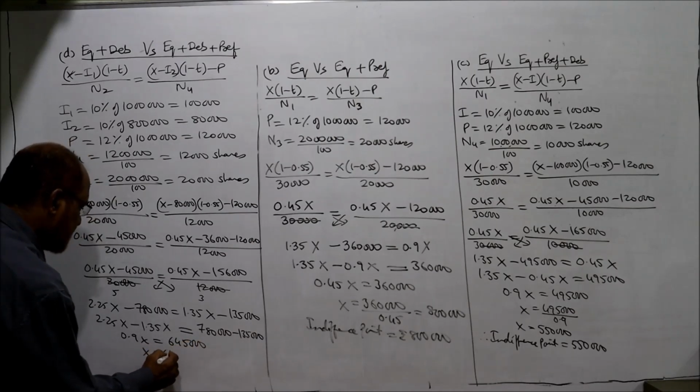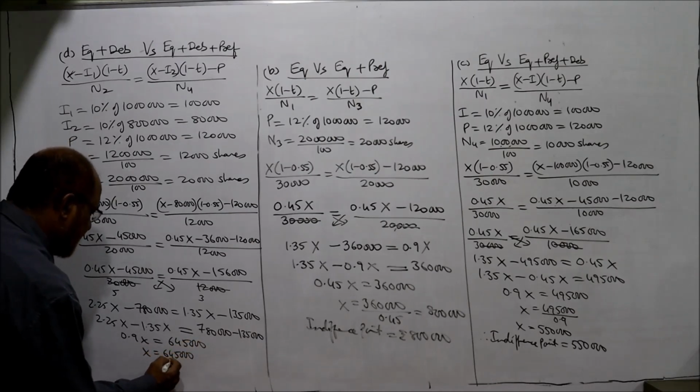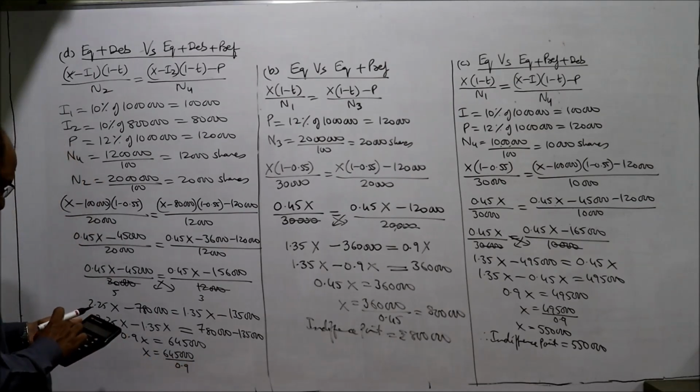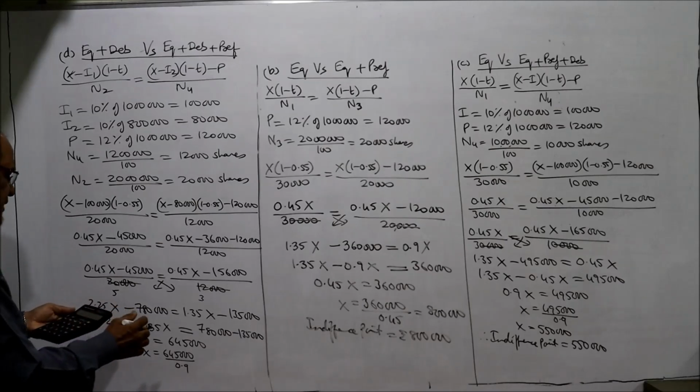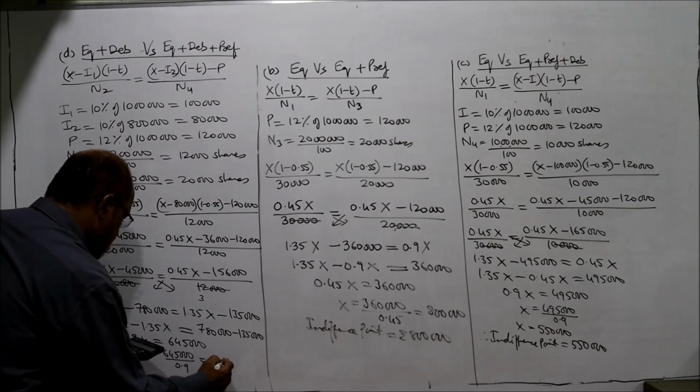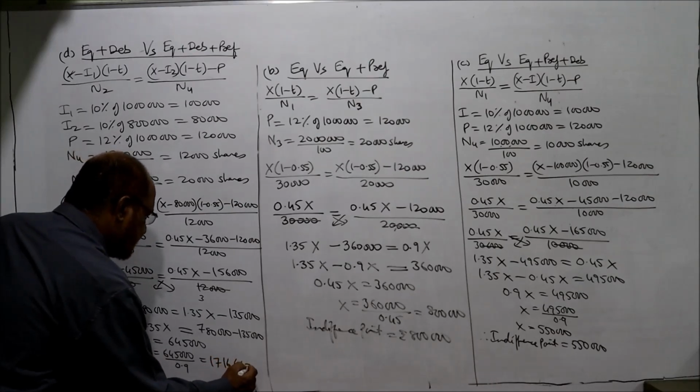X is equal to 6,45,000 divided by 0.9. You are getting 7,16,667.